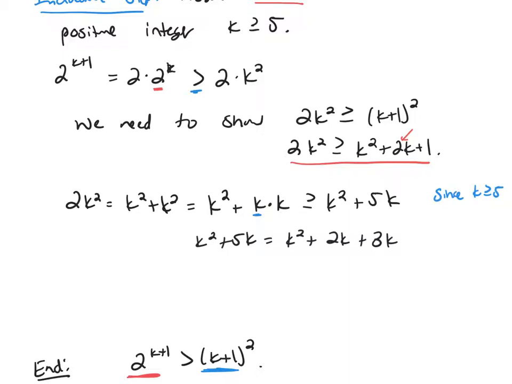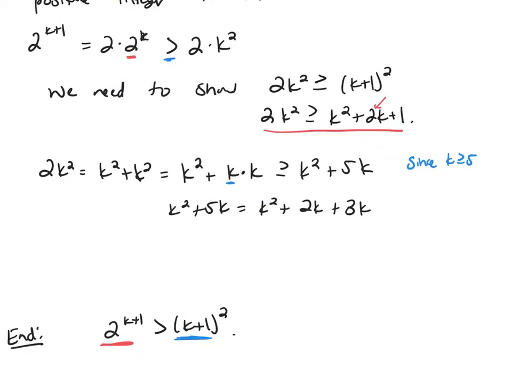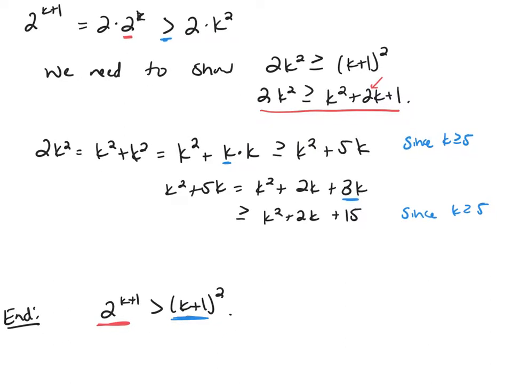And remember, k is at least 5. So what's this last term? It's at least 15, since k is at least 5. And what that means is that's going to be strictly bigger than k squared plus 2k plus 1, which is what we needed to show.